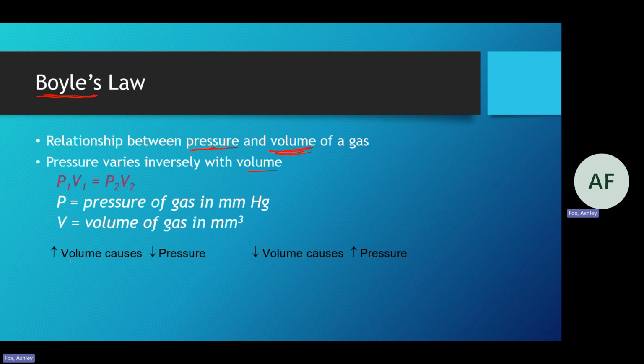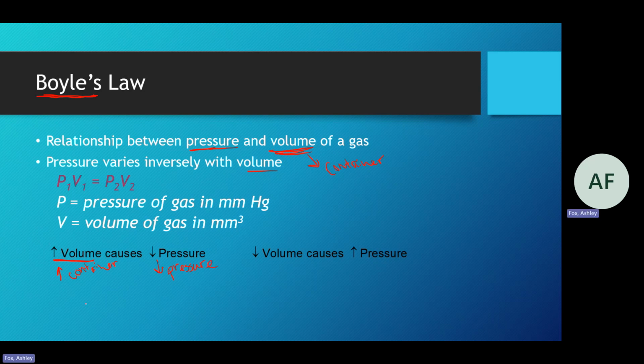So when you increase the volume, so you increase the container, you can think of a volume of a gas. A gas is going to fill the container that it's in. So when you increase the container, you're decreasing pressure.